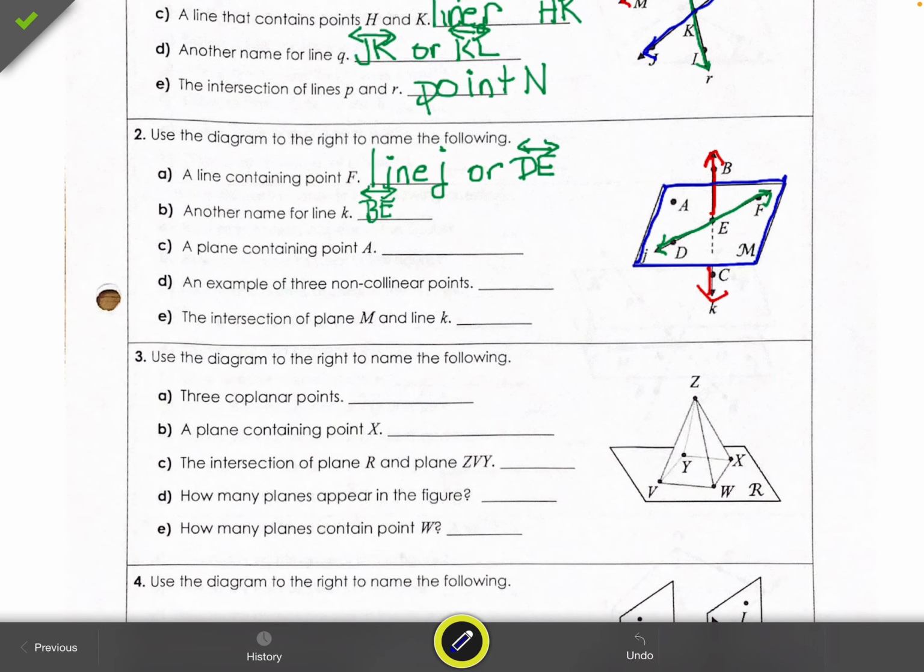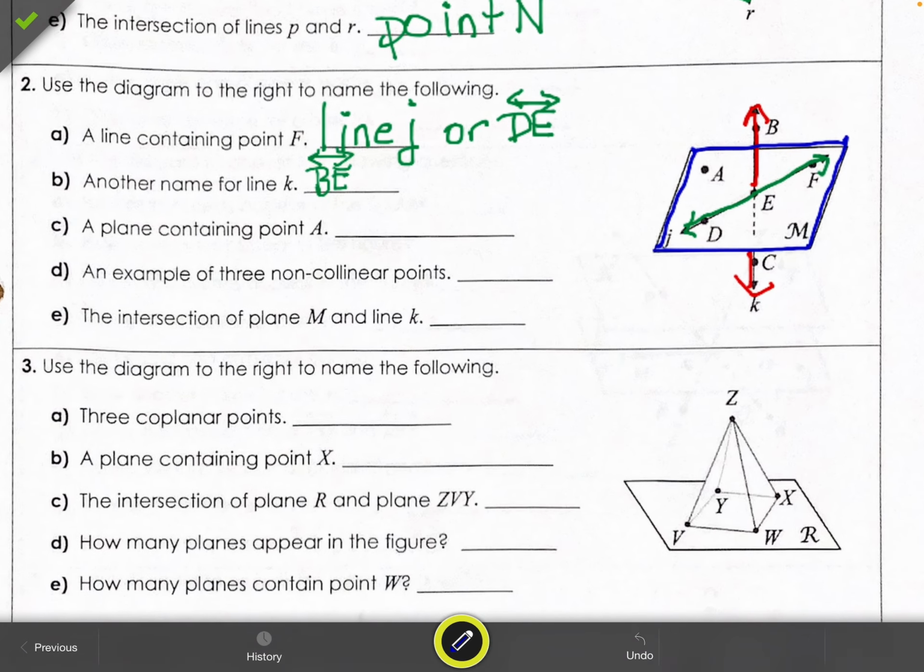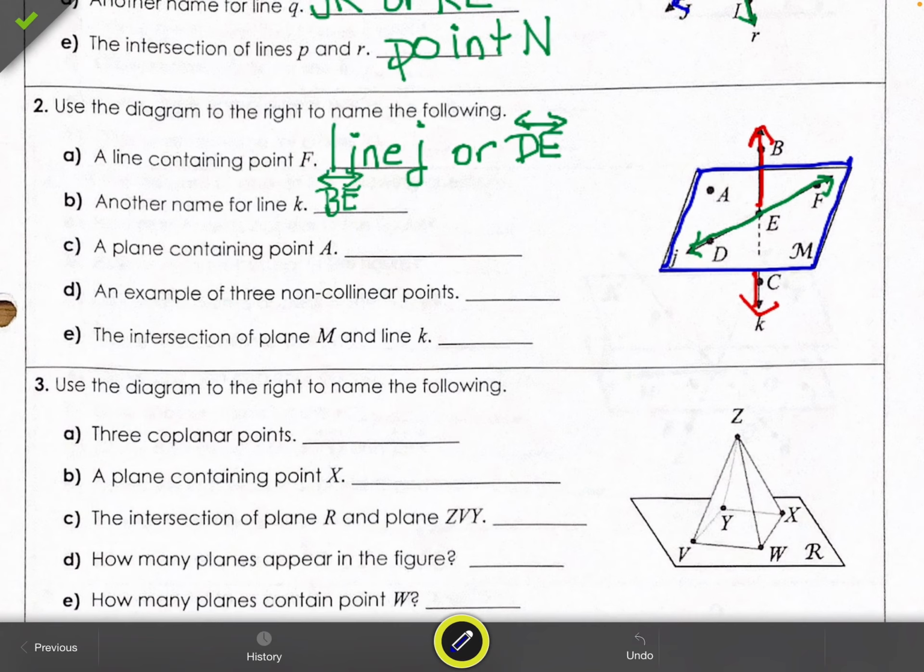But when they say containing, it just means is it inside the picture representation of our plane. So remember, to name a plane, you use 3 non-collinear points or a capital cursive letter, which is usually in one of the corners. So if you look at that plane, the capital cursive letter down there in the right-hand corner, we could call this plane M.